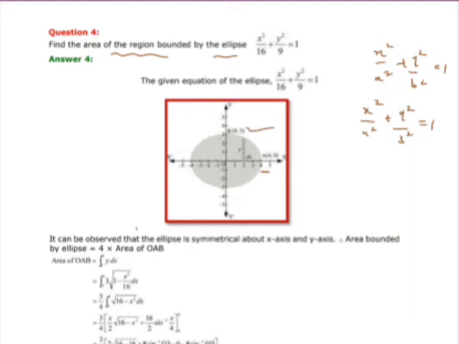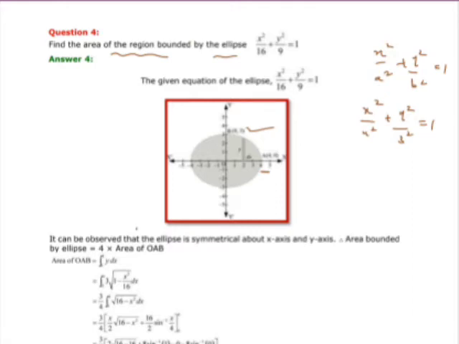Now plot the ellipse on a two-dimensional graph. You have plotted the graph with 4 and minus 4 on the x-axis and 3 and minus 3 on the y-axis. We have taken the strip in the first quadrant. Later we can multiply it by 4, then we get the area of all 4 quadrants of the ellipse, right?